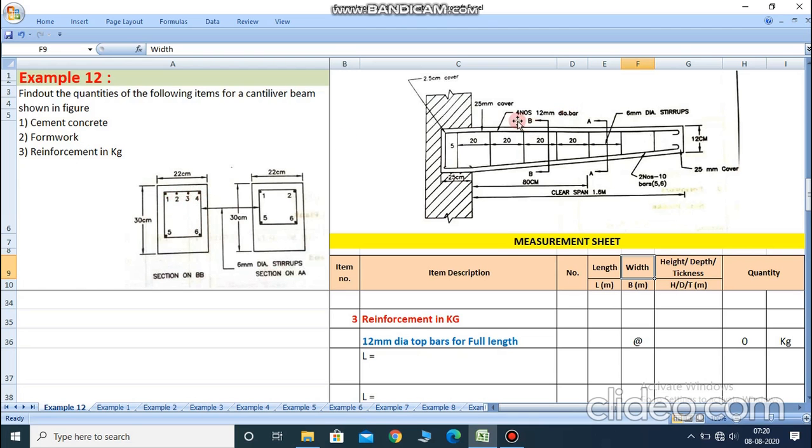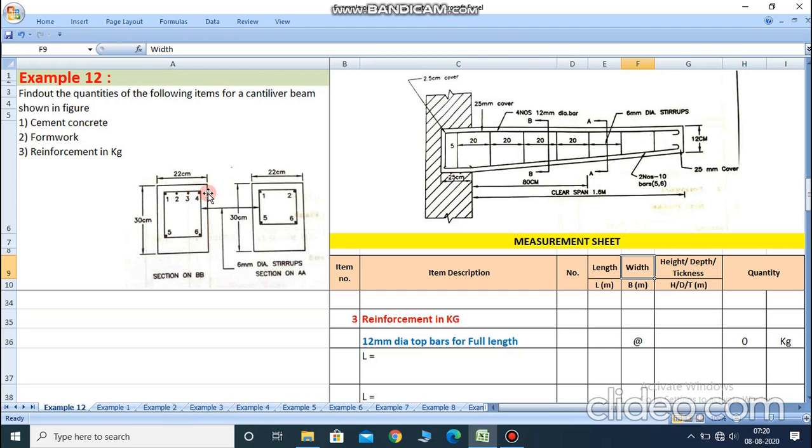See this 12 mm diameter, 4 numbers of bars are provided. Of these 4 bars, 2 bars are provided as curtail bars at the top.